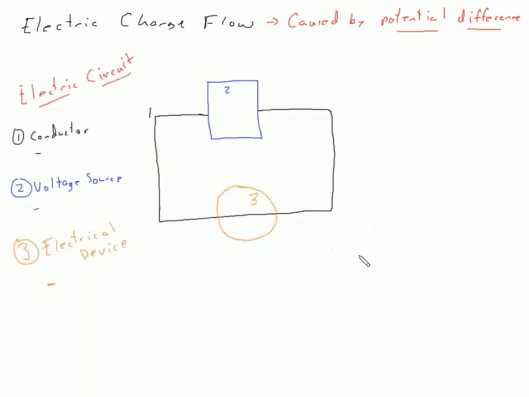So to wrap this up, here's our basic electric circuit. It has 3 parts. You have a conductor. Right? This provides the electric charge, in the form of electrons, basically. You have to have a voltage source, which provides the potential difference, or the voltage difference.